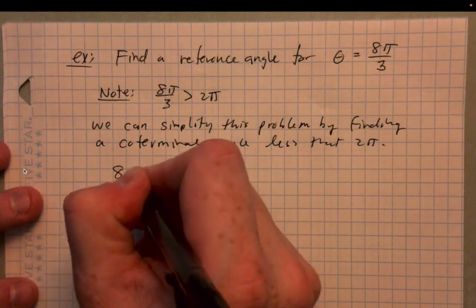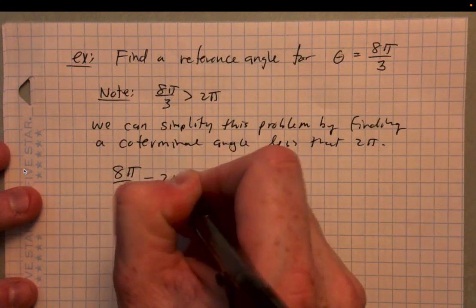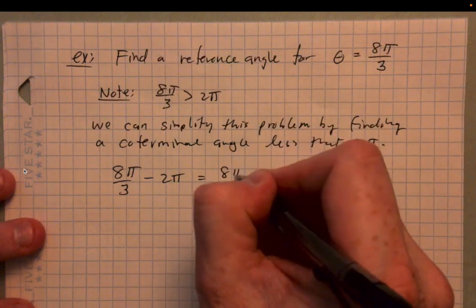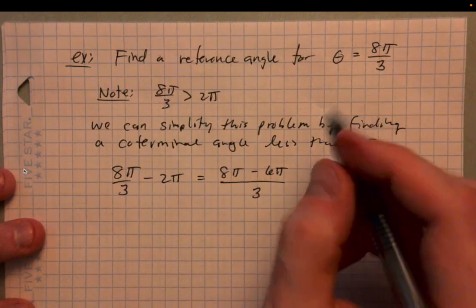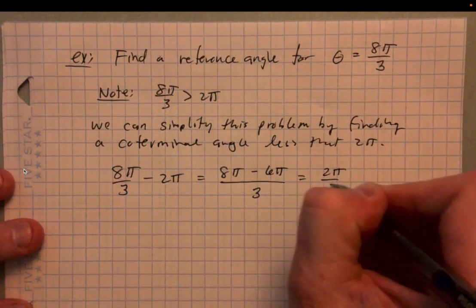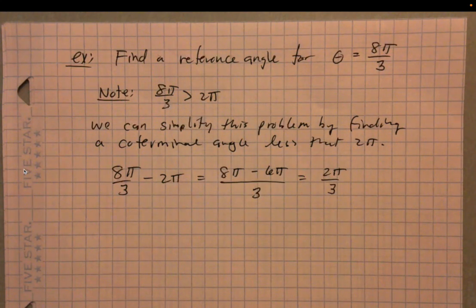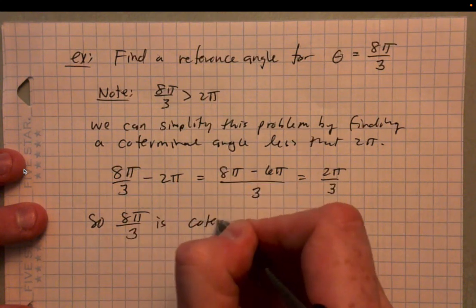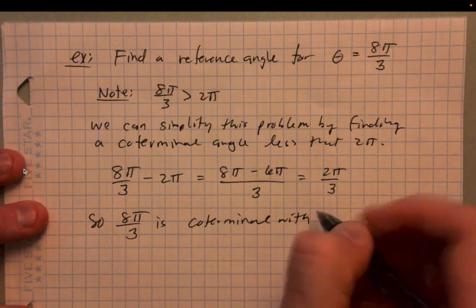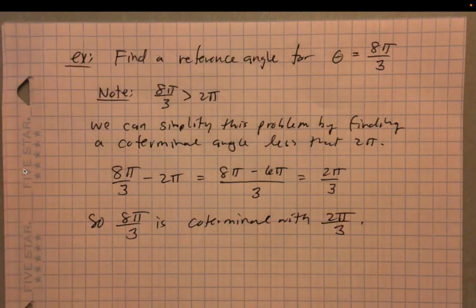So if I take 8 pi over 3 and I just subtract off 2 pi, what do I get? Well, I get 8 pi minus 6 pi all over 3, right? And that gives me 2 pi over 3. Okay. And so 8 pi over 3 is coterminal with 2 pi over 3.